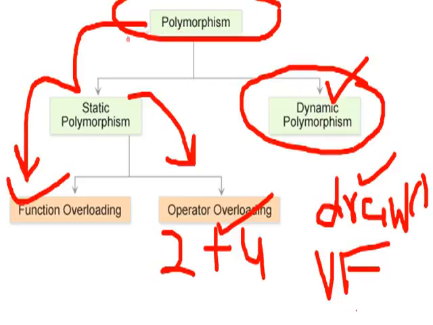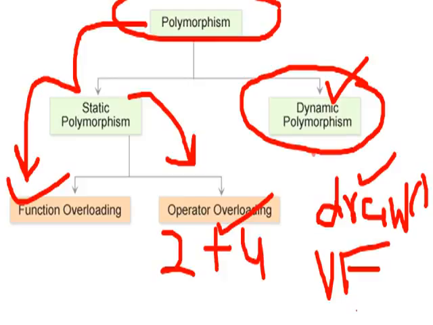It could be function overloading or operator overloading, which is static polymorphism because they are bound with their functions at compile time. But in many cases when we do not know at runtime what to do, we delay the binding and do late binding. And how do we do that? By virtual functions, and that's called dynamic polymorphism.